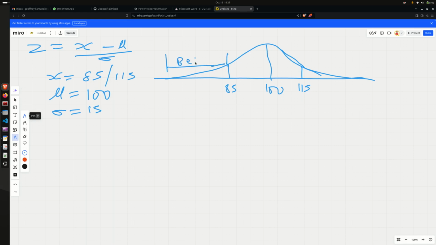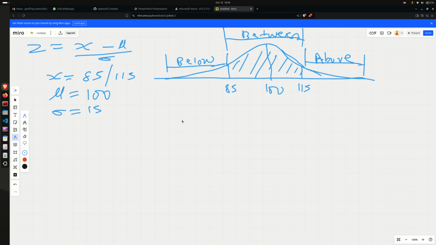If you were told to find above 115, it's this part here. But when you are told to find between, this is what is between. So you need to find the area of this section.